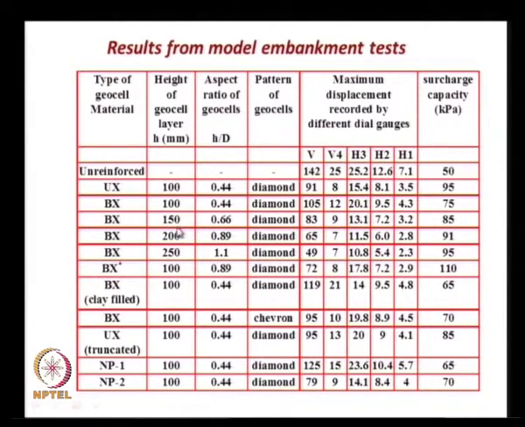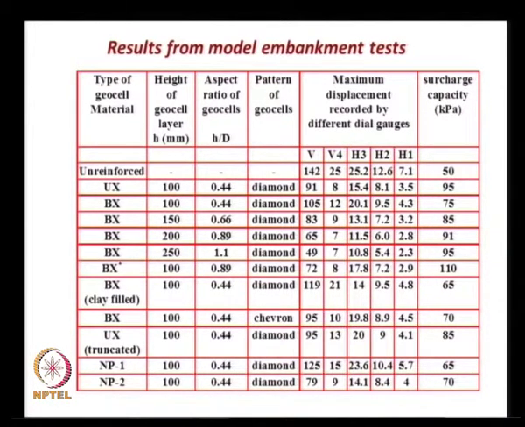Then as the height of the geocell mattresses was increased, the surcharge capacity increased. More importantly, we found that it is not just simply the height, but the aspect ratio, that is the ratio between the height of the geocells and the equivalent diameter, because the h by d ratio more or less defines the stiffness that the geocell system can provide.